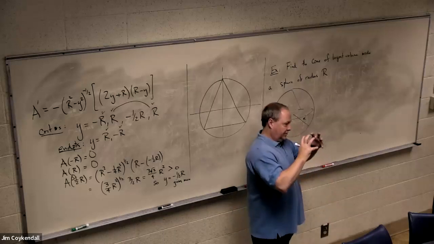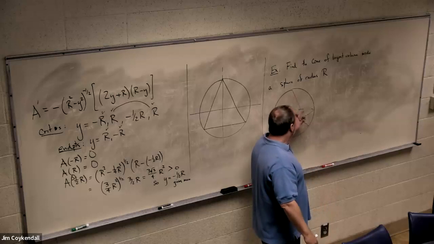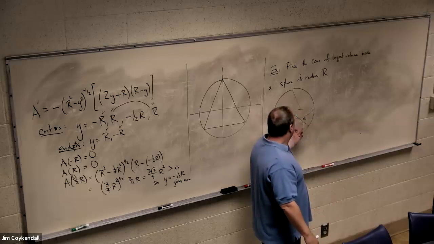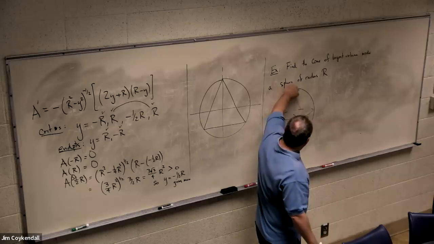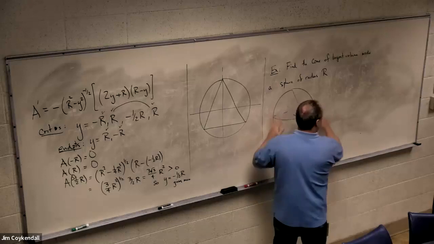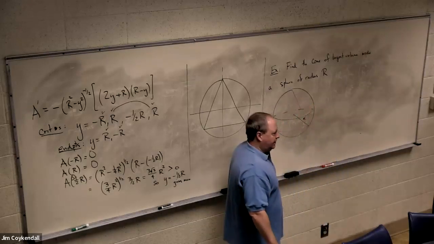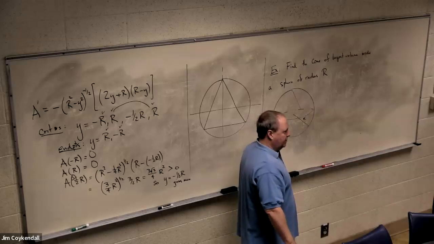So inside this sphere, ball, I put a cone, ice cream. Again, you can have a tall skinny cone, or you can have a short fat cone. Which has the biggest volume? Everybody understand the problem?